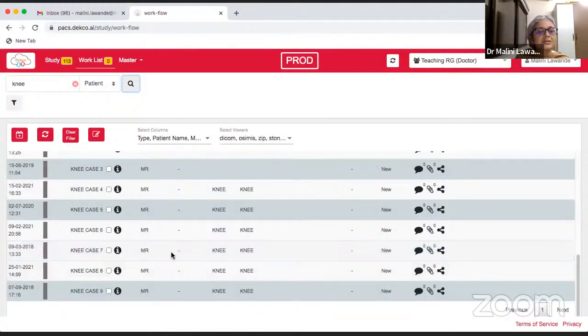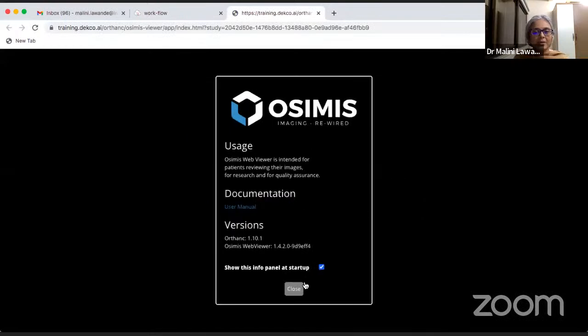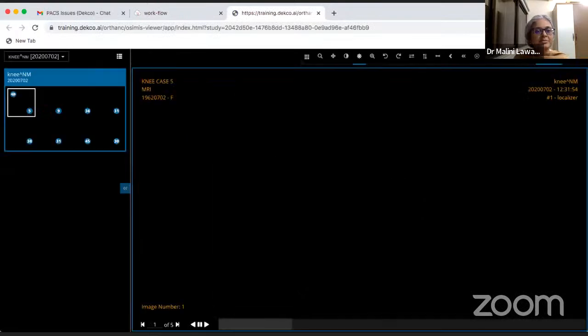Anything related to the knee, you can put your questions up so that I can answer them after we discuss these cases. I'll just share my screen and we start with the first case. Is my screen visible?